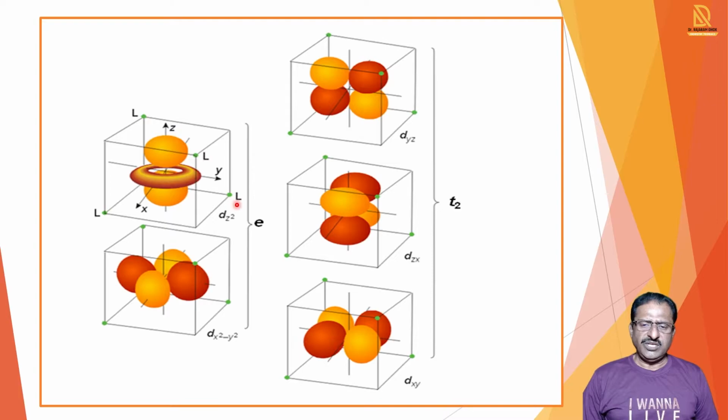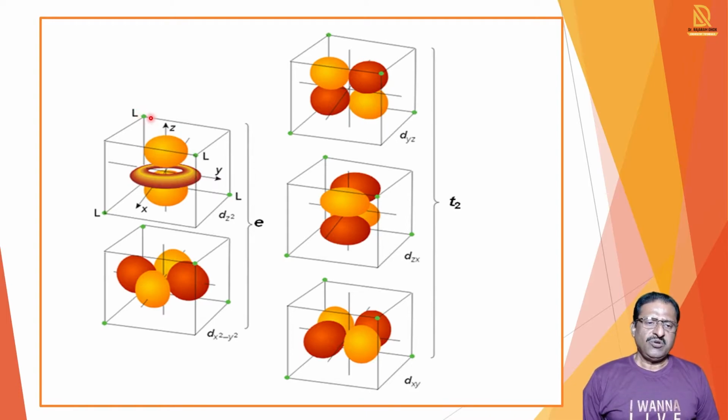In the case of the EG orbitals, the d orbital dz square is along the z axis, and these lobes are along the center of the face, and the ligands are at the corners. Now you observe that this is the EG orbital, this is the T2G orbital.